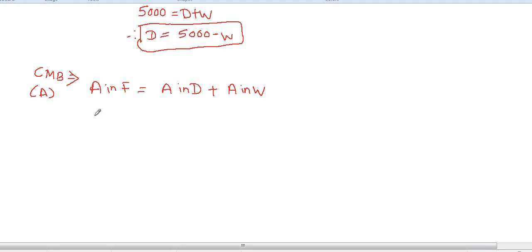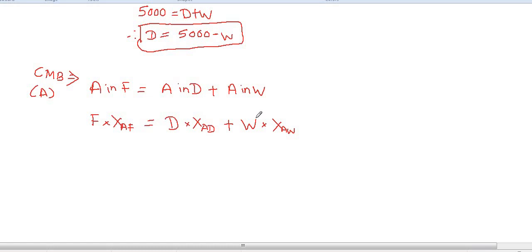That A in the feed will be F into XAF, where F is the quantity of feed, that is equal to D into XAD plus W into XAW. Okay, so D into XAD gives A in D, W into XAW gives A in W, and F into XAF gives A in feed.